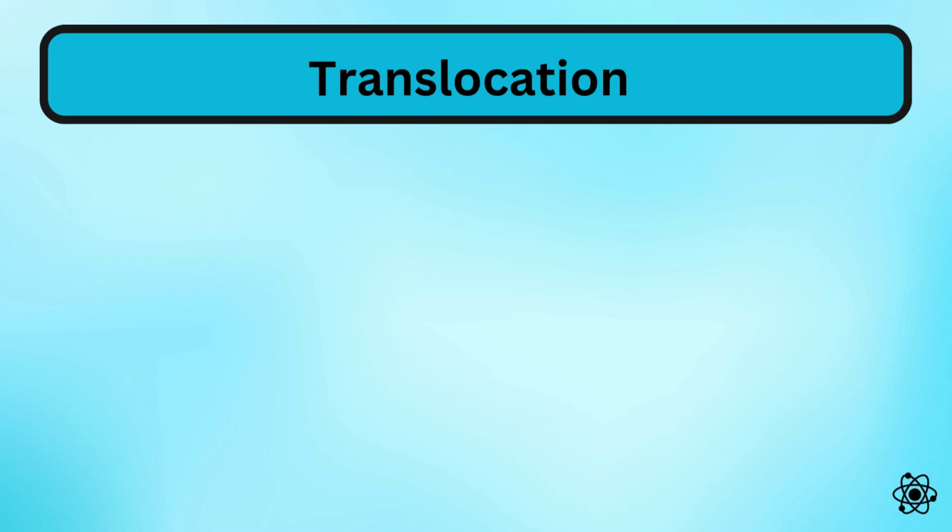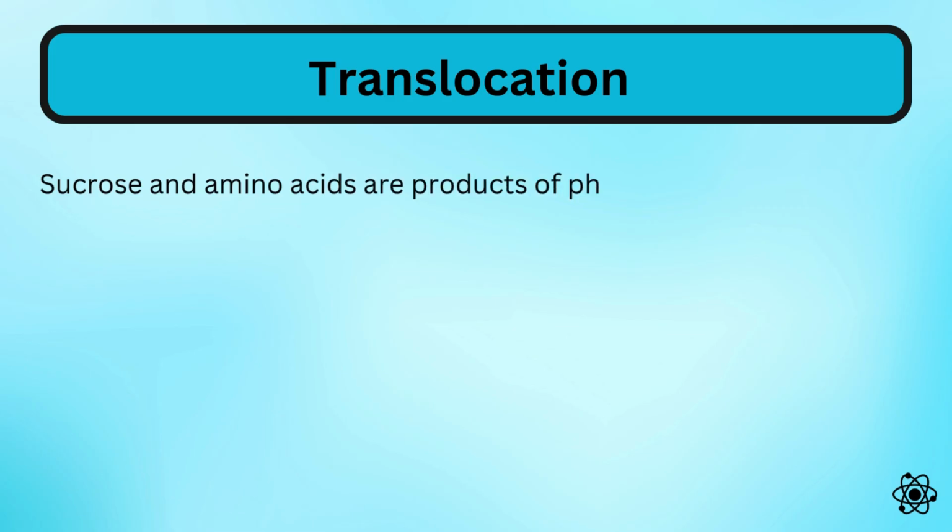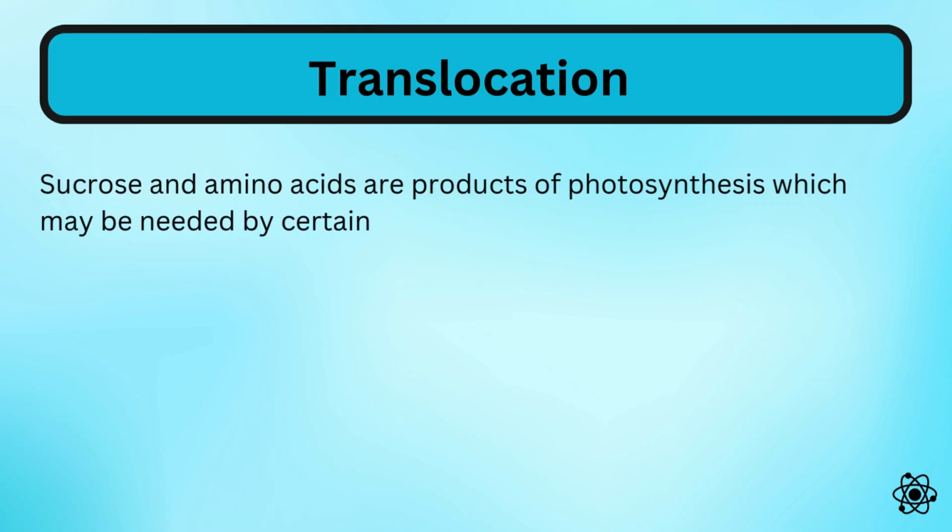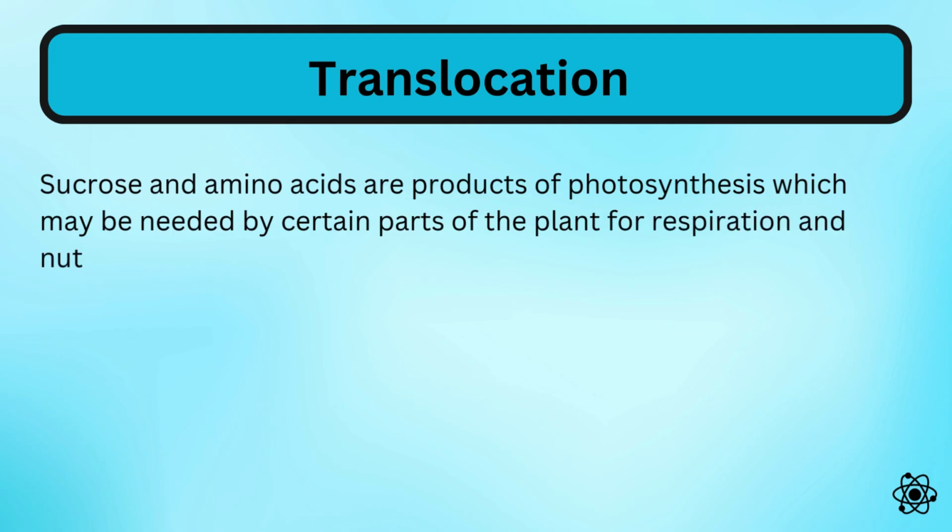All this while we have discussed how water is transported around the plant through xylem vessels. Now, let's see how sucrose and amino acids are transported through the plant. Sucrose and amino acids are products of photosynthesis, which may be needed by certain parts of the plant for respiration and nutrition.